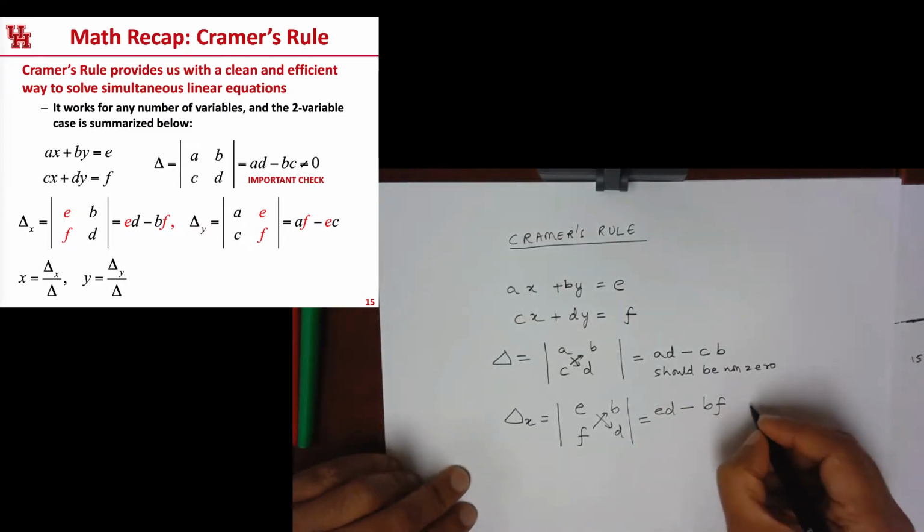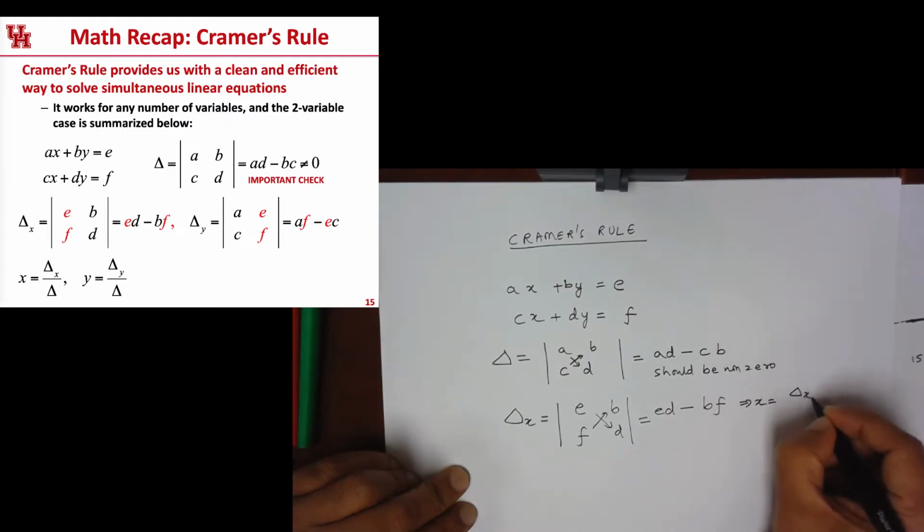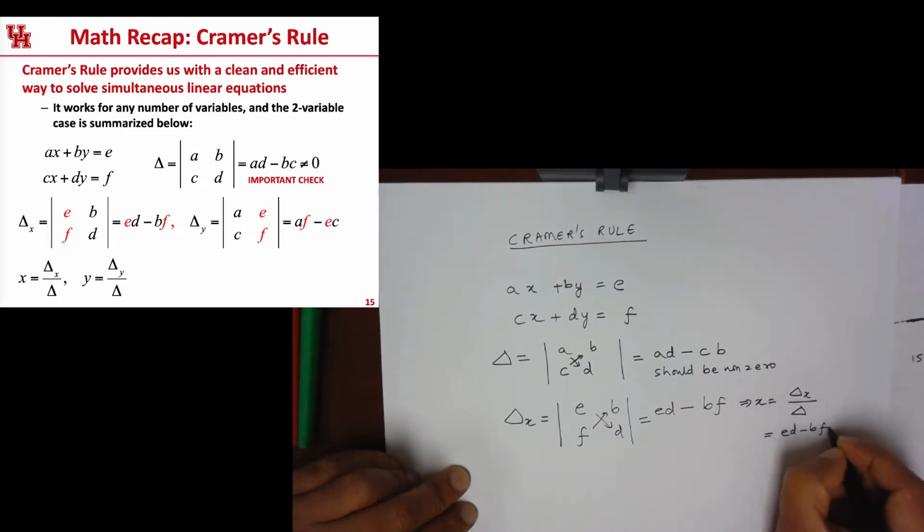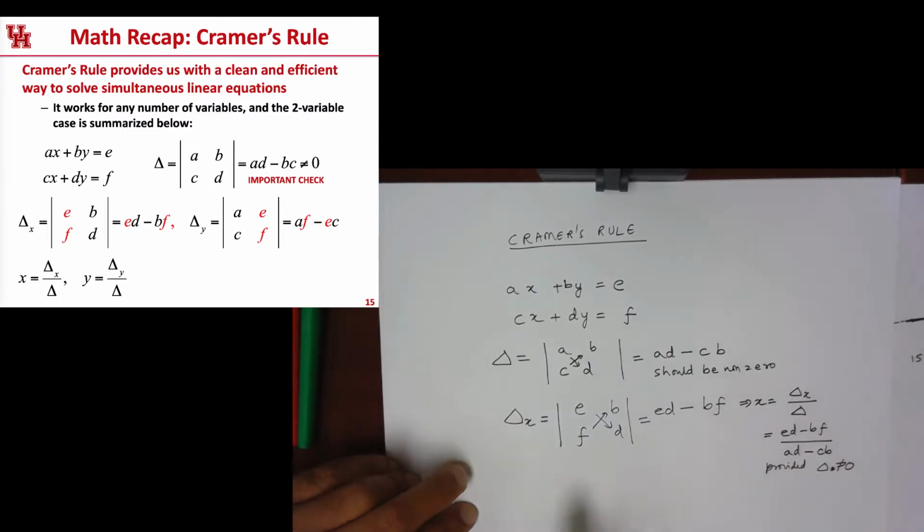Now, the solution for x is given by delta x divided by delta, which is ed minus bf divided by ad minus cb, provided delta is not equal to 0. If it's equal to 0, then this doesn't work. If I want to solve for y, I can get a very direct solution by doing the same exact thing, except I stick the e and f where the y used to be.